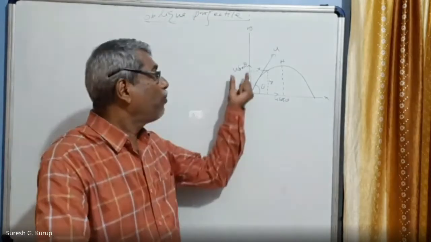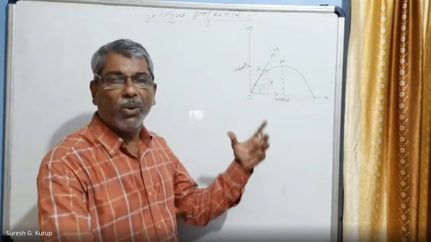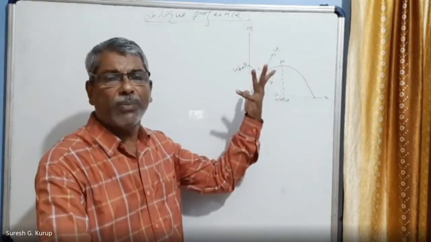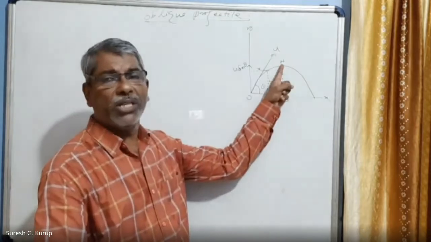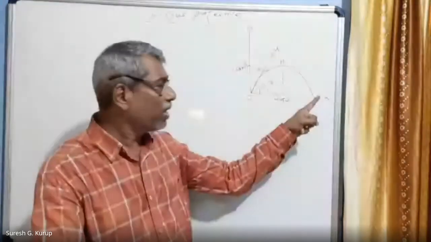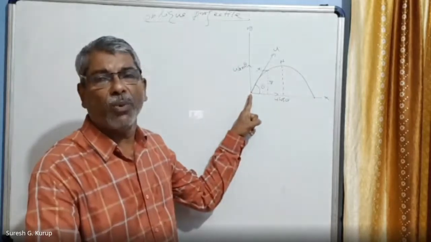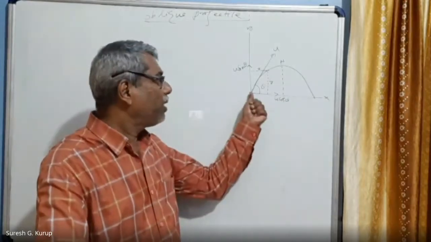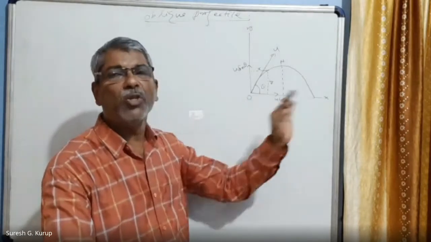So the vertical component of the velocity goes on decreasing because the gravity force is acting downwards. At the highest point h, its vertical velocity becomes equal to zero. Now, as the body overcomes this point h, its vertical velocity again starts increasing, and finally becomes equal to the same value with which it was projected from the point of projection. These are all symmetrical. If the initial vertical velocity is u sin theta, when it comes back to this level, it must be exactly u sin theta.